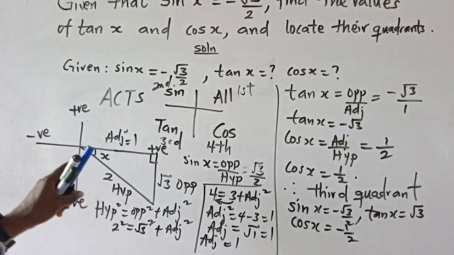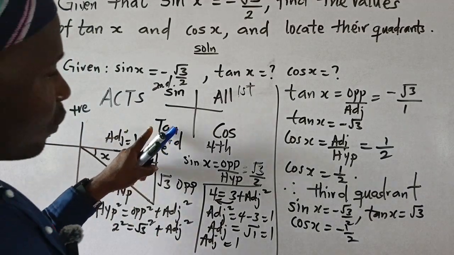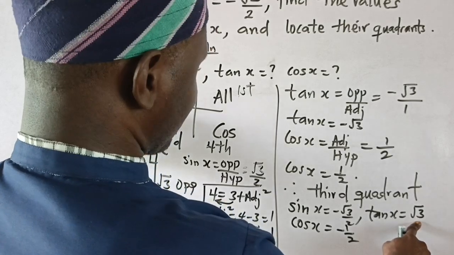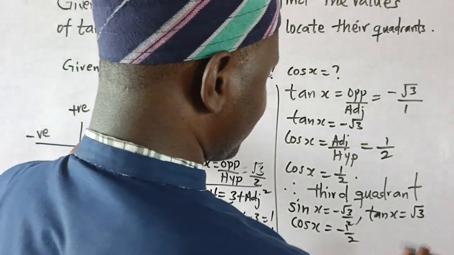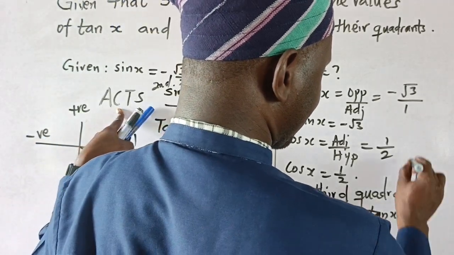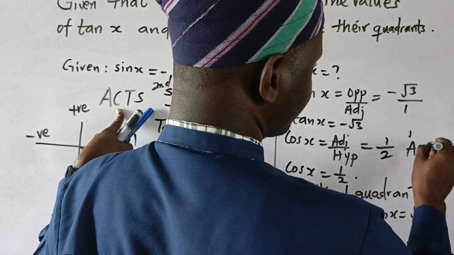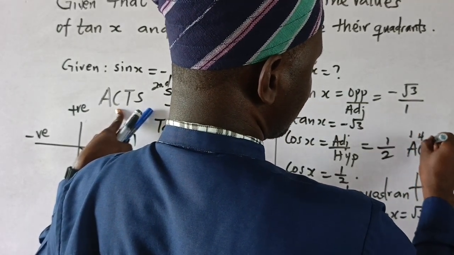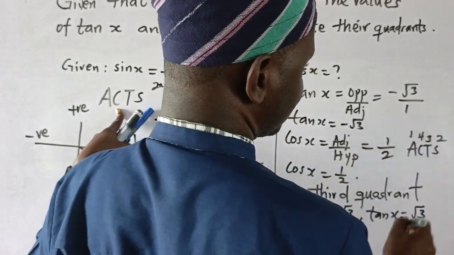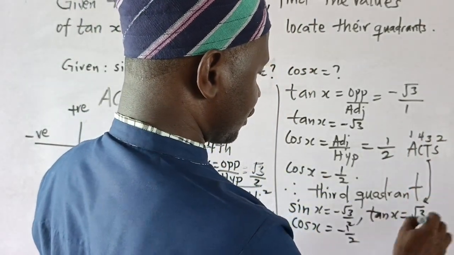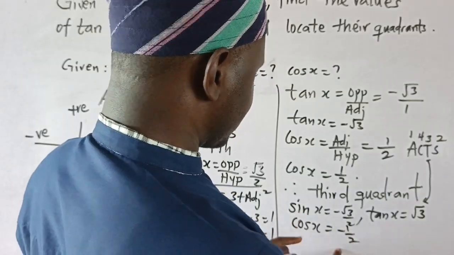Don't forget, in the third quadrant, tangent is positive. So by using the acronym ACT, tangent is positive. When we consider the acronym ACT now, we have the first one, so we have the fourth, we have the third, and we have the second. So therefore in the third here, we have tangent is positive. Both sine and cos are negative.